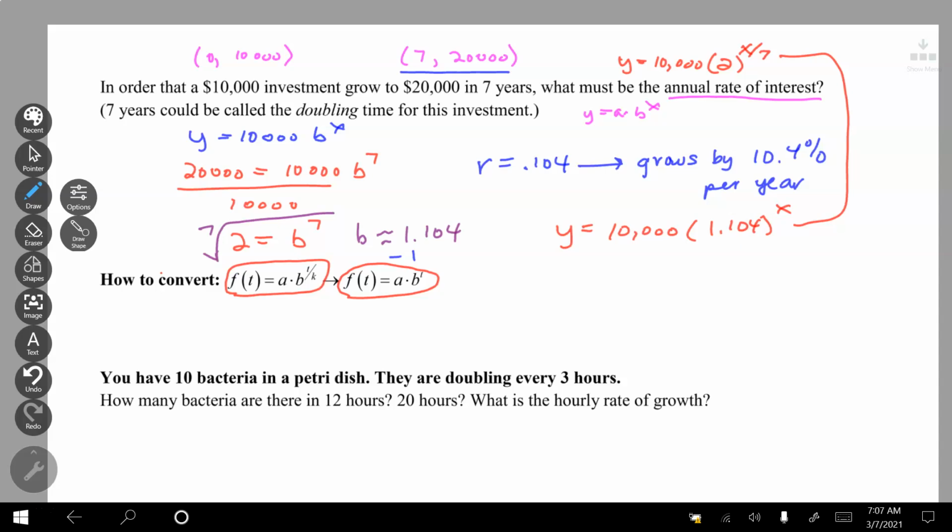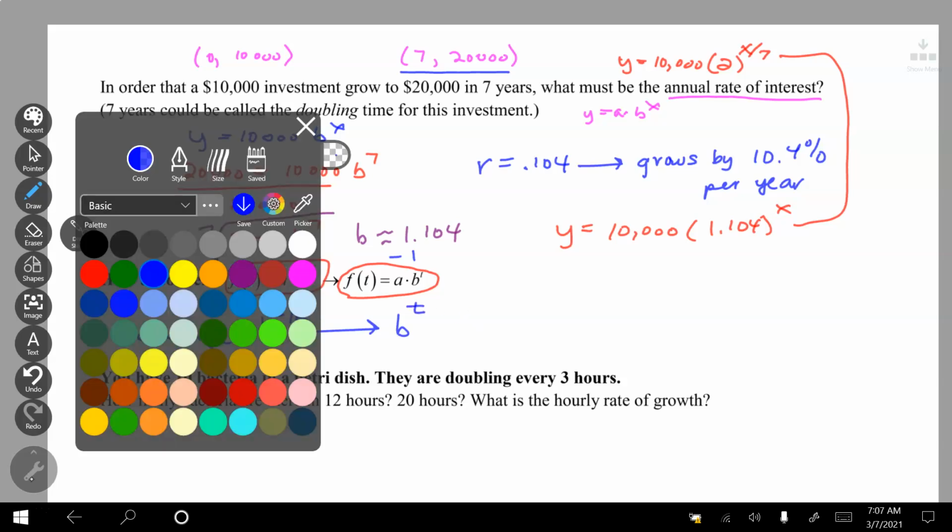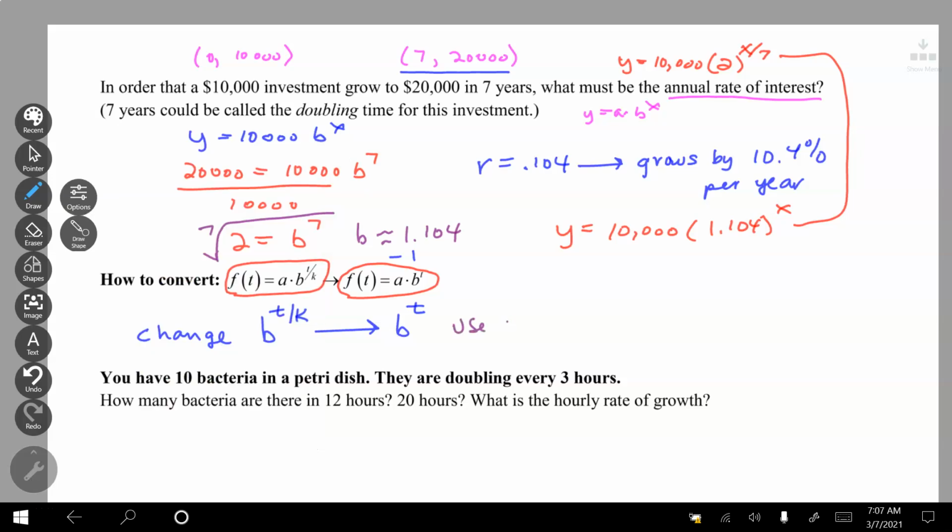So the idea is that to change this b value to the t over k into this regular b to the t, I'm just going to use t equals 1. So I do b to the 1 over k, whatever the k value is.